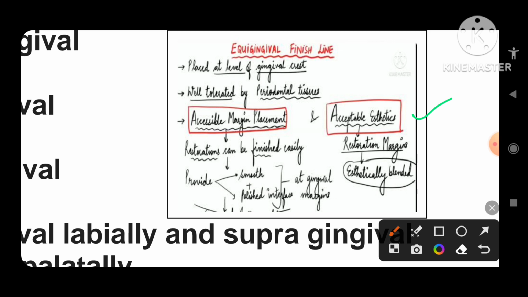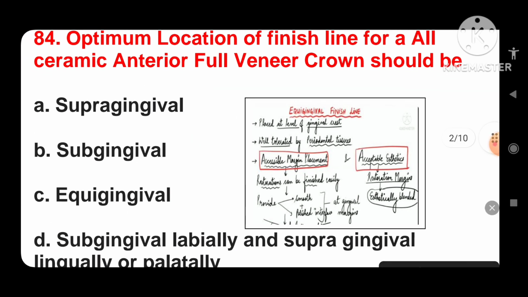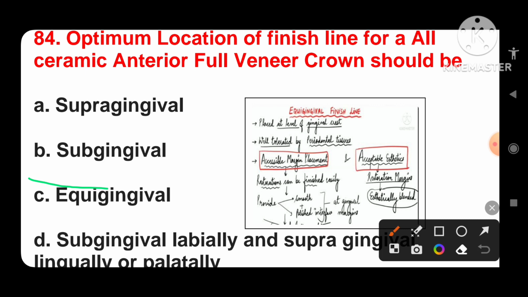Okay, and it provides a smooth and polished interface. Esthetically it is used for the anterior region. So the answer would be equigingival. Optimal location of finish line for all ceramic anterior full veneer crown should be equigingival.